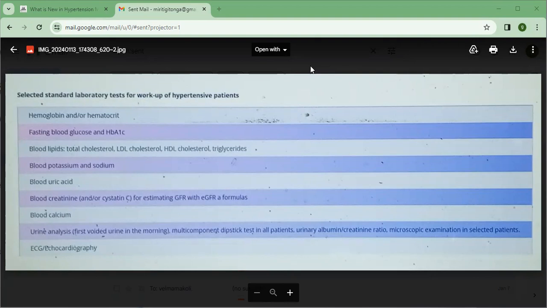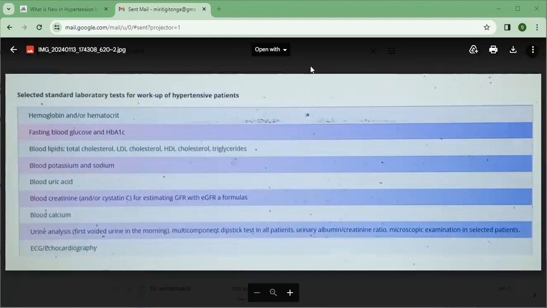There are various basic tests which should be done regularly. For example, the patient should be done hemoglobin, should be done hematocrit. So hematocrit is the volume of red blood cells, and the hematocrit is increased in dehydration. It is also increased in excessive red blood cells, and it is reduced in anemia.